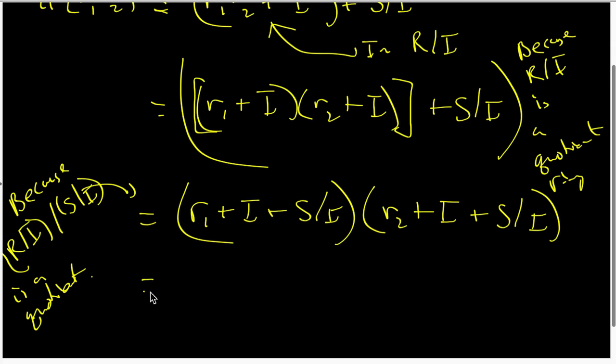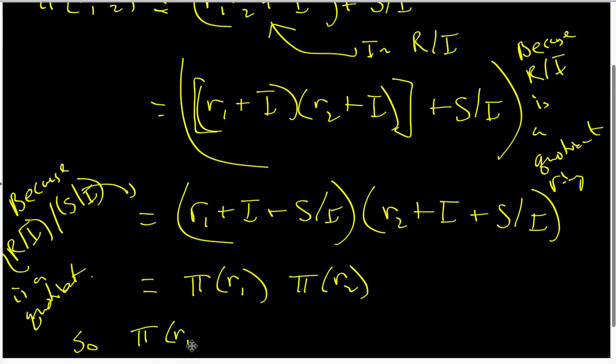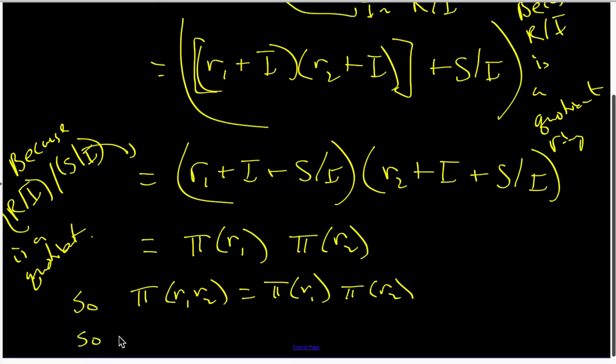And at this point, we realize that this is nothing more than pi of r1, and the other one is pi of r2. So we do have that pi of r1 r2 is equal to pi of r1 times pi of r2. And what that means is that pi preserves multiplication as well.